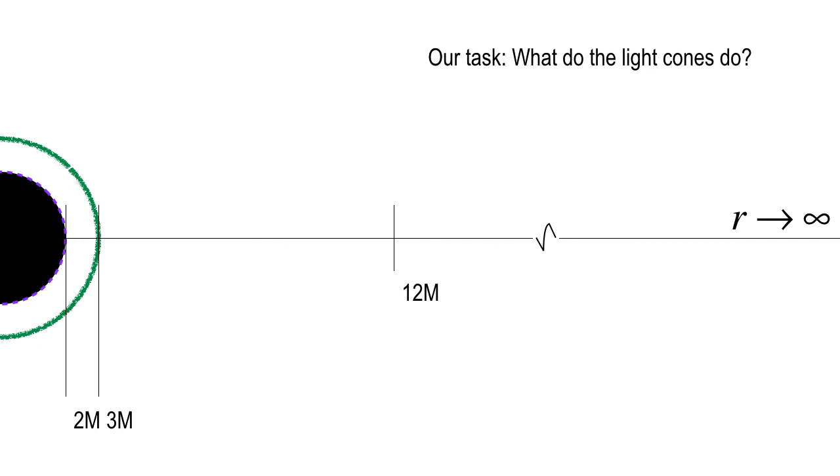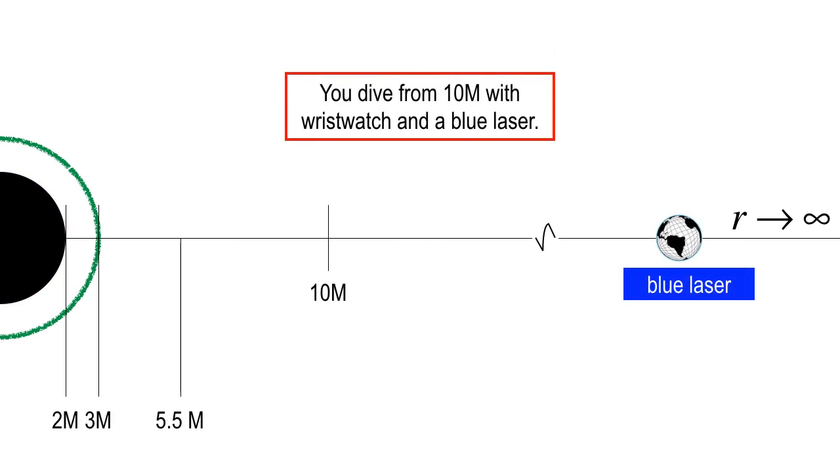Far left is r equals 0. And I'm going to look at just one axis going out from the left side to the right side. So r equals 2m is measured, and you know what it is? It's 100 pixels from the edge of my computer screen. And then 3m is another 50 pixels. And then I want 10m, and I want you to put in 5.5m as well.